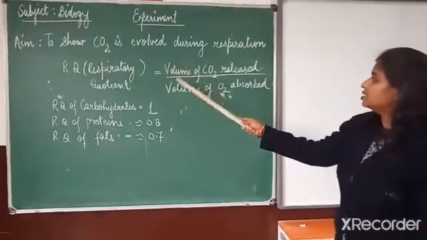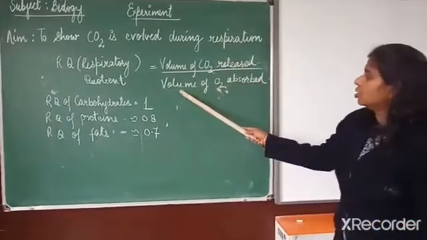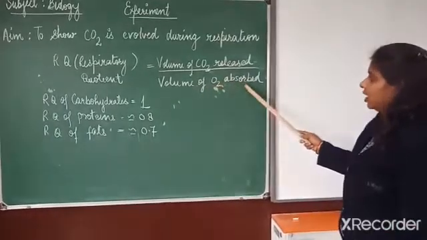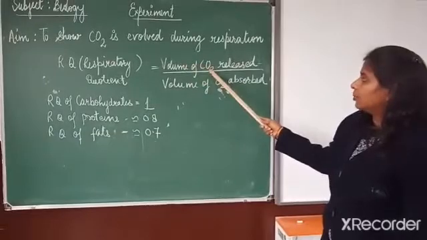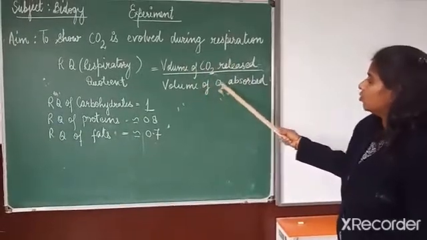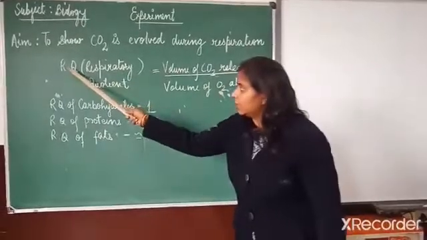Now what is RQ? RQ is the respiratory quotient, as you can see. This is the volume of carbon dioxide released to the volume of oxygen absorbed. This ratio gives you the value of RQ.